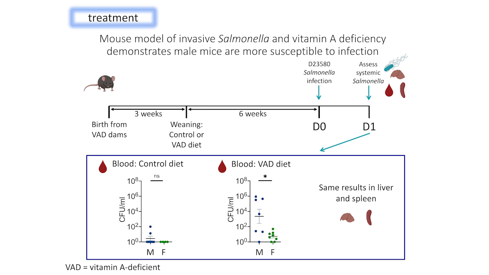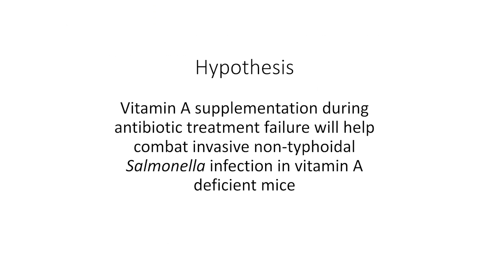I've studied a mouse model of invasive salmonella and vitamin A deficiency and demonstrated that male vitamin A deficient mice are more susceptible to infection. And this is in the blood, liver, and spleen. I then hypothesized that vitamin A supplementation during antibiotic treatment failure would help combat invasive non-typhoidal salmonella infection in vitamin A deficient mice.